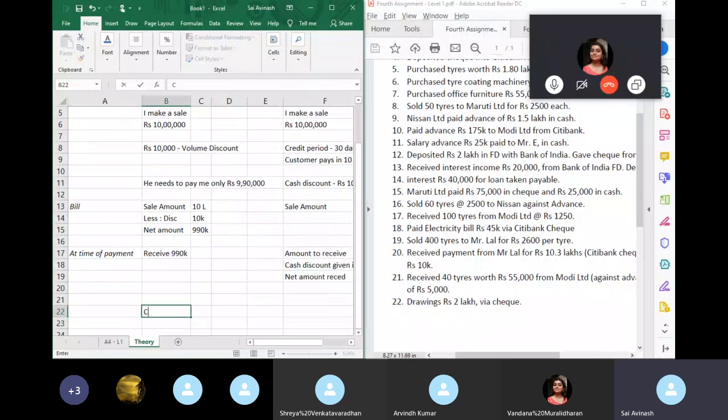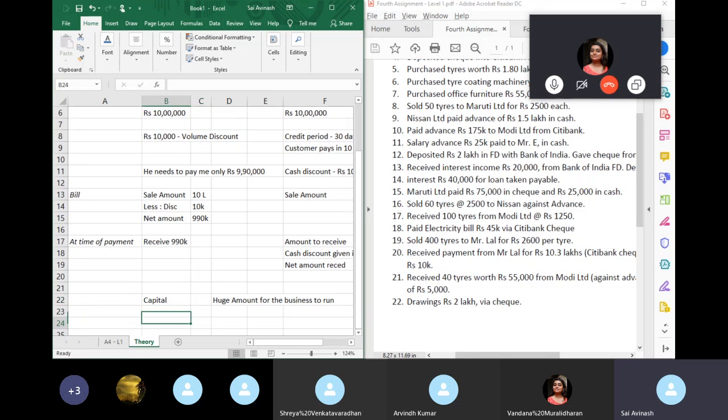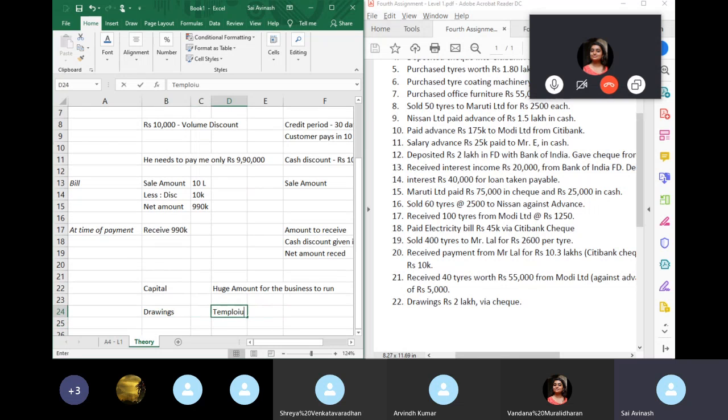There's something called capital, which is a huge amount for the business to run, something that's going to be there from the start of the business till the end of the business. And there's something called drawings, maybe temporary amounts taken for the owner's use.